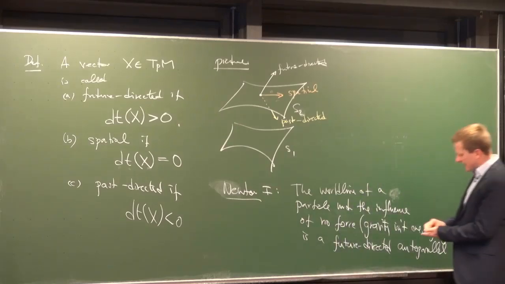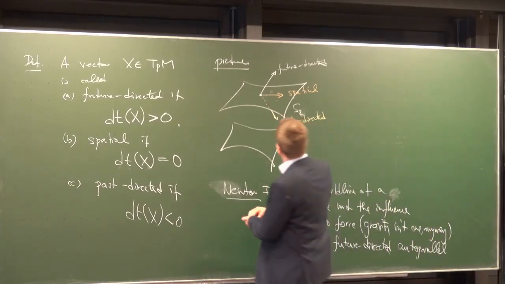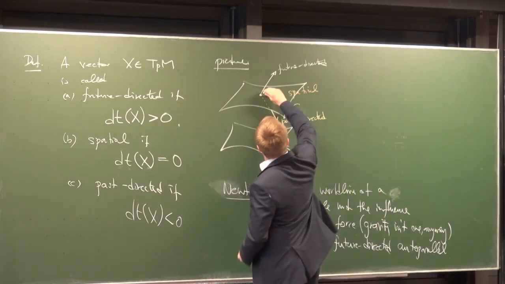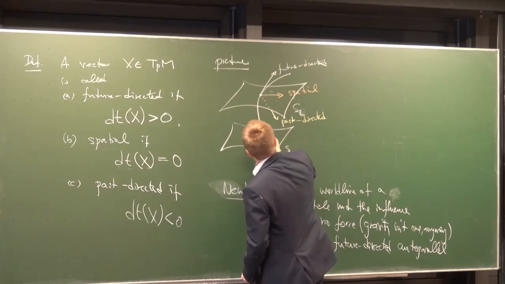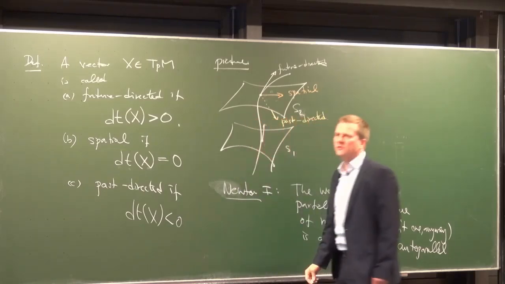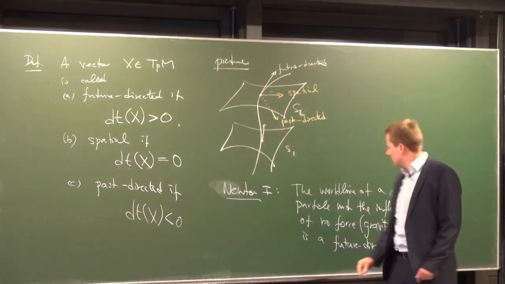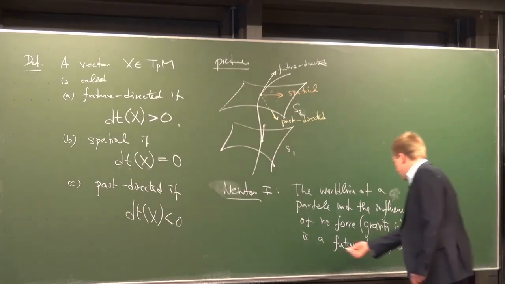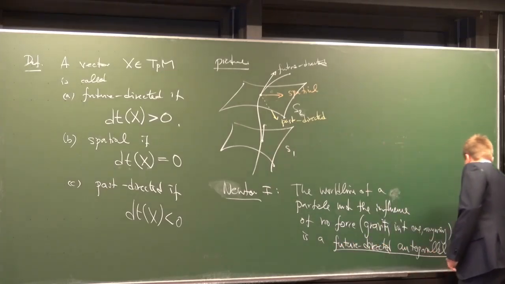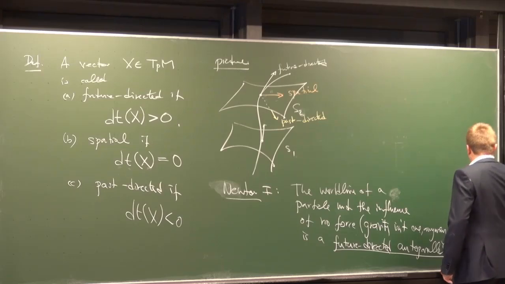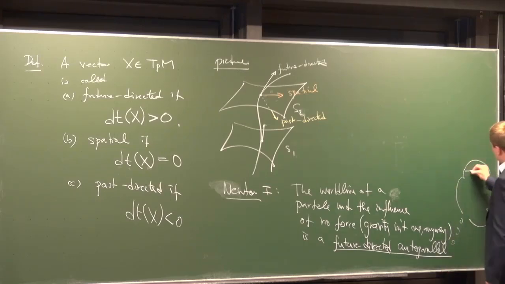And a future-directed curve is a curve that has as its tangent vectors at every point a future-directed velocity. Okay, so a future-directed autoparallel means that's an autoparallel. So you have nabla v of world line x on world line x is 0.